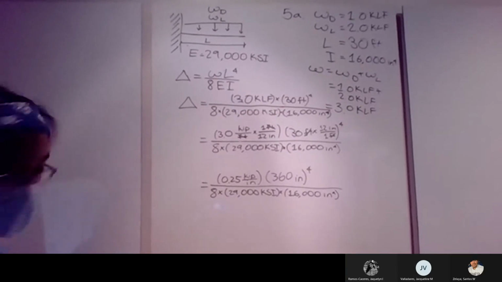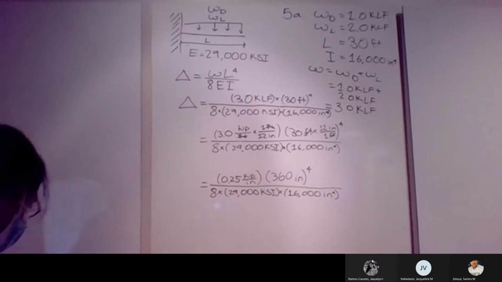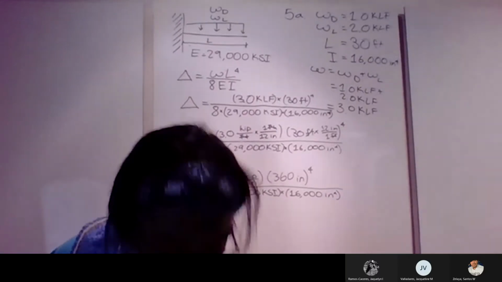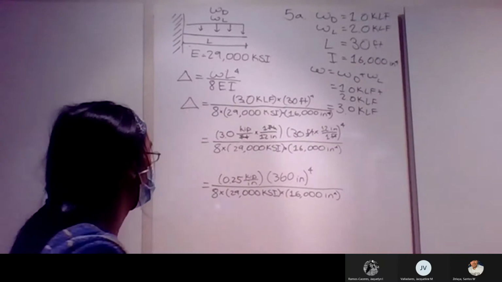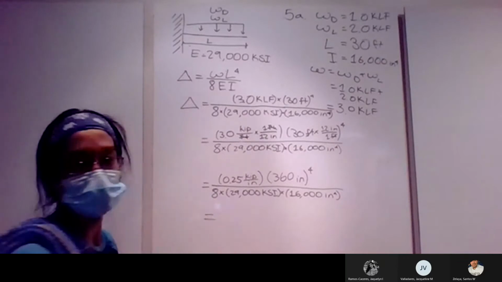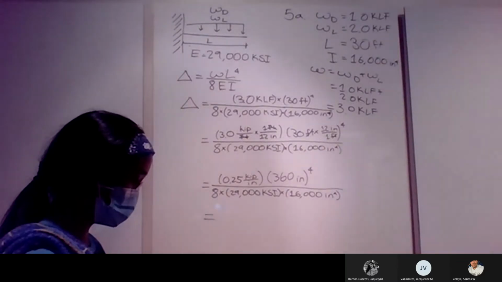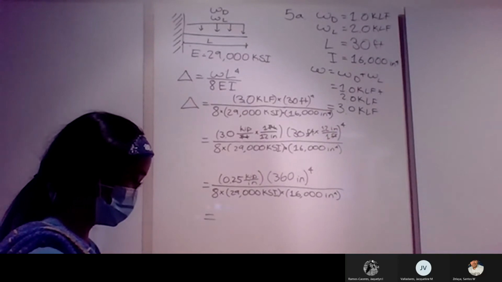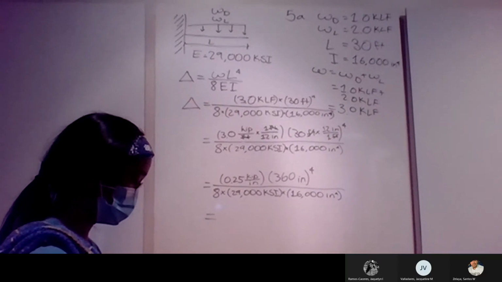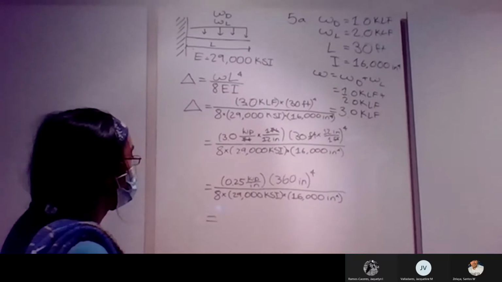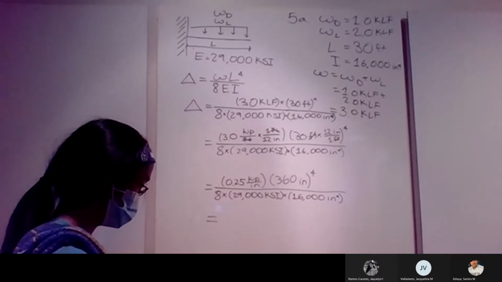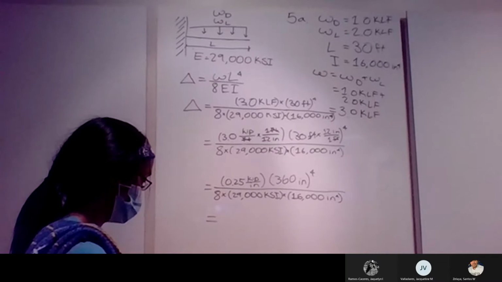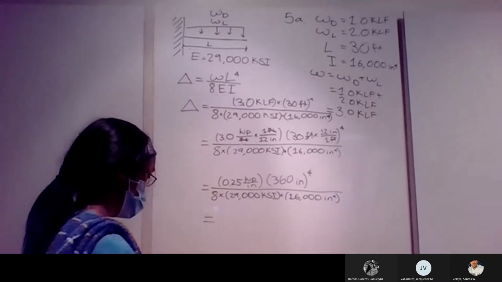All right, fantastic. And now comes the fun part. Where's my calculator? We're just going to multiply this all together. 0.25 times 360 to the 4th, divided by 8, 29,000, 16,000.